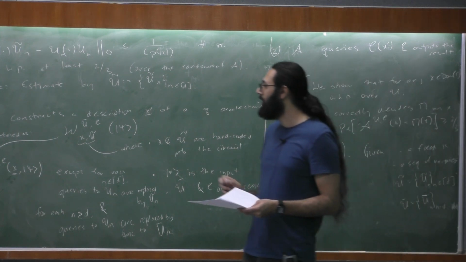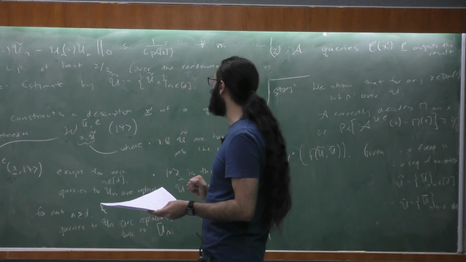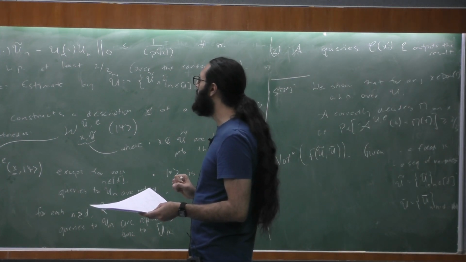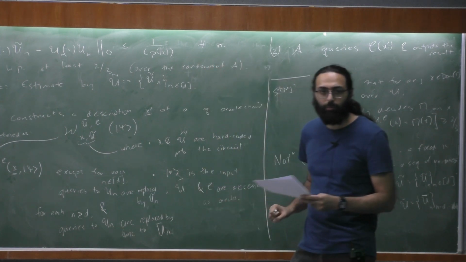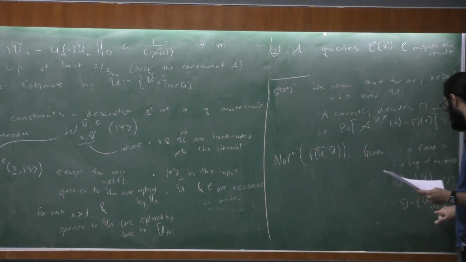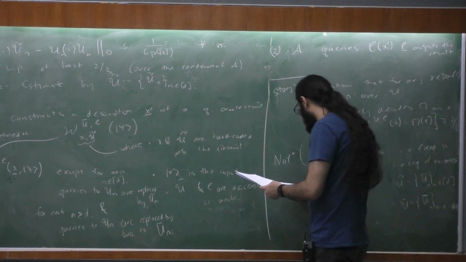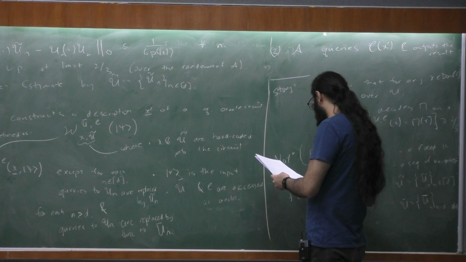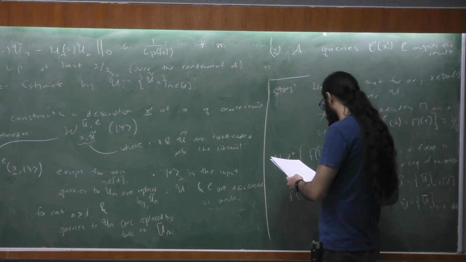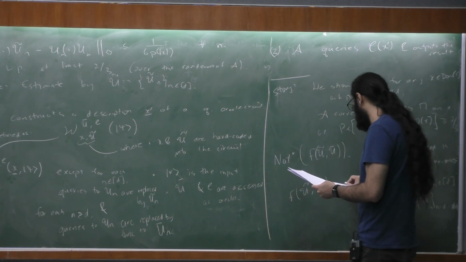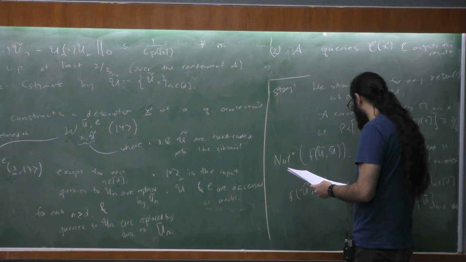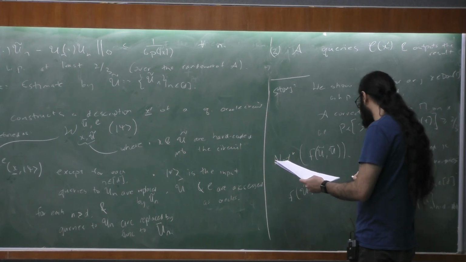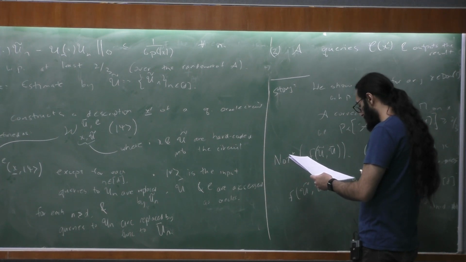What was p? It's probably the number of queries or something, right? Upper bound on the runtime, yeah. So it's at most the number of queries you make. Okay, so you define f of u tilde, u bar to be the following object. This is just notation, okay? We're not doing much, but it's useful notation.